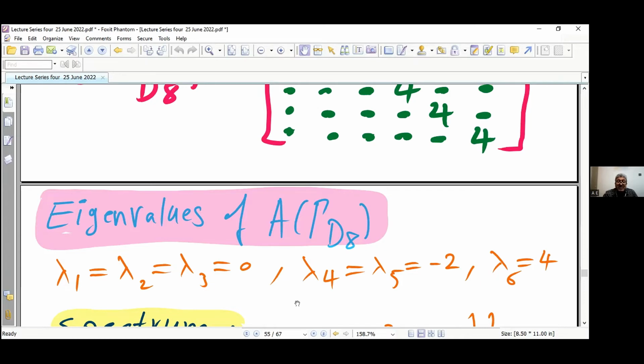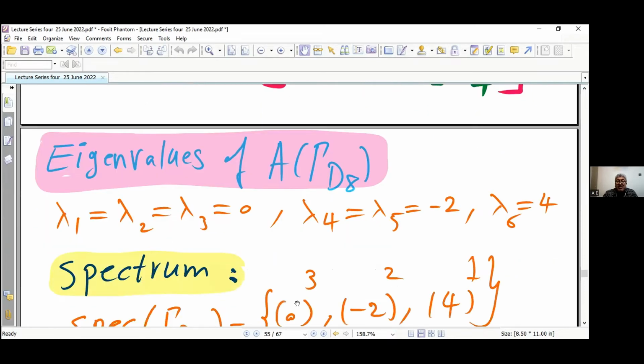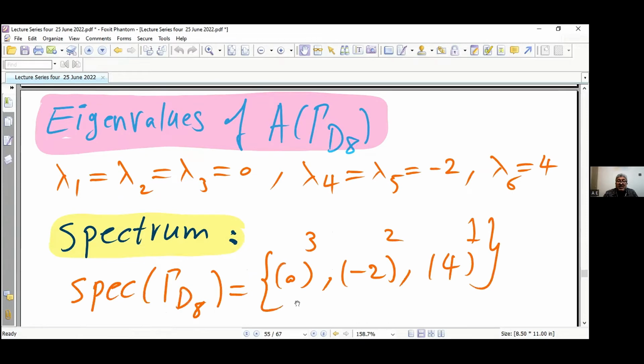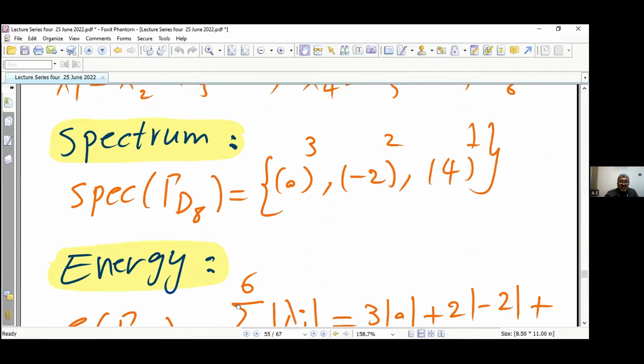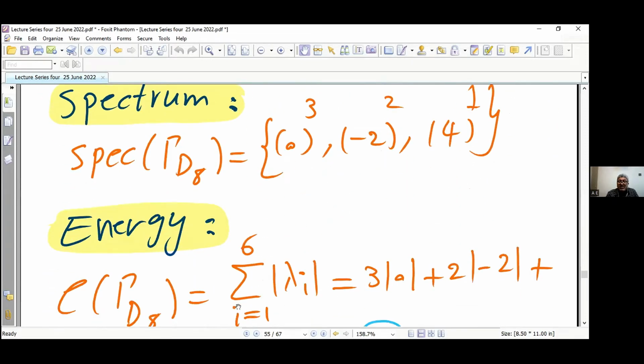Now, the spectrum of the adjacency matrix of this graph is the set of 0 with multiplicity 3, -2 with multiplicity 2, and 4 with multiplicity 1. That's the spectrum for the dihedral group of order 8. Now, how about the energy?